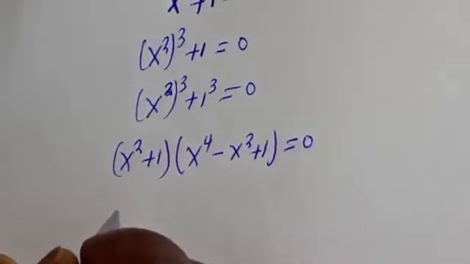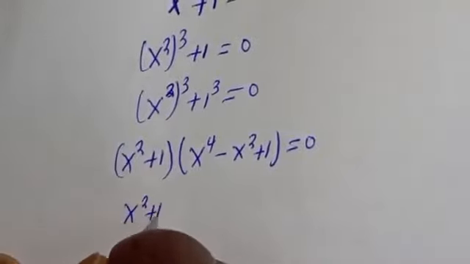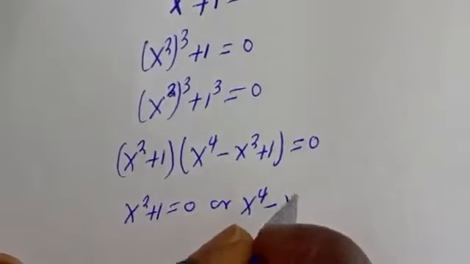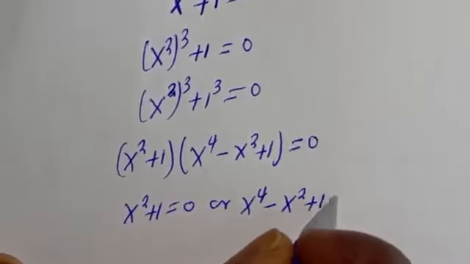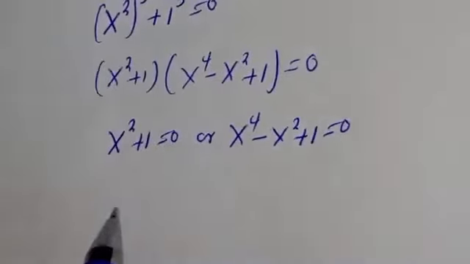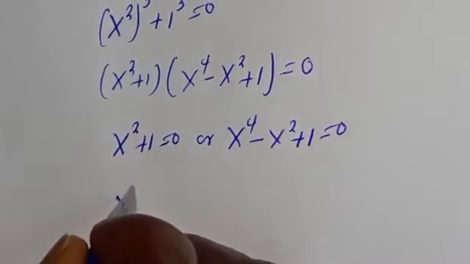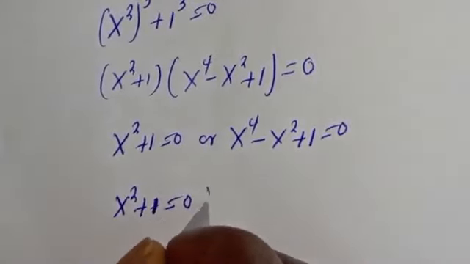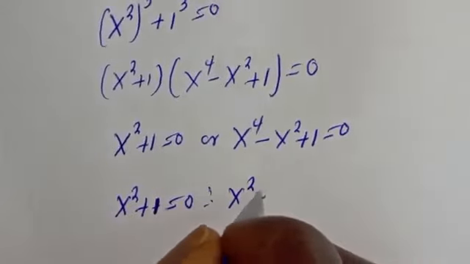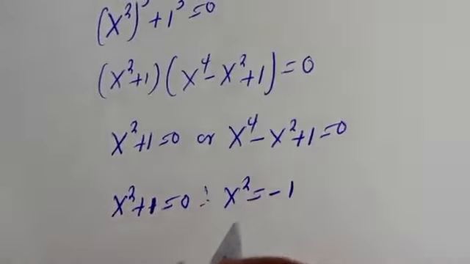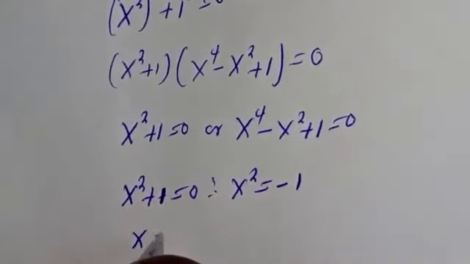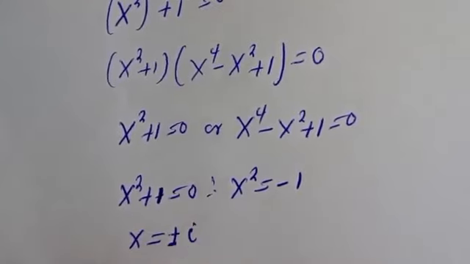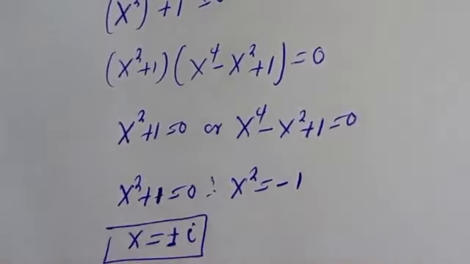There are two cases here. s squared plus 1 is equal to 0, or s raised to power 4 minus s squared plus 1 is equal to 0. Then from here, s squared plus 1 is equal to 0. Then s squared is equal to minus 1, then s is equal to plus or minus i. This is the value of s.